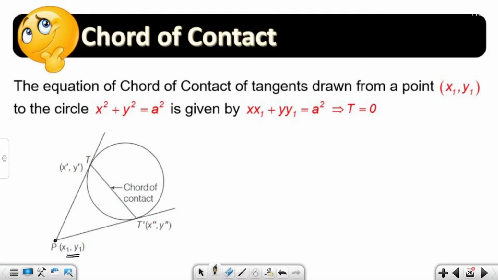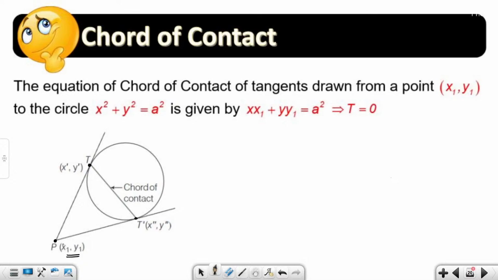From there we have drawn two tangents PT and PT dash. T and T dash are the points of contact. The line joining the points of contact T and T dash is what is called the chord of contact. That's it. Is it clear?